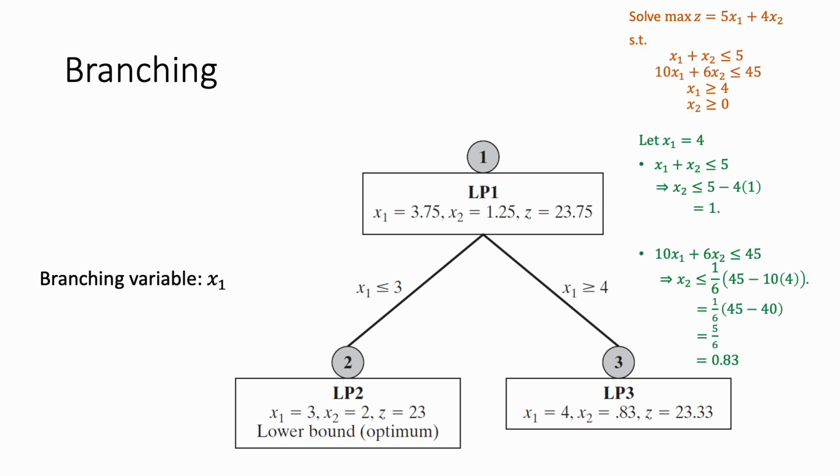If we check the second constraint, we substitute x sub 1 equals 4 there, we get 5 over 6 or 0.83. So if we take these values, we have x sub 1 equals 4 and x sub 2 equals 0.83. This gives us an objective function value of 23.33.